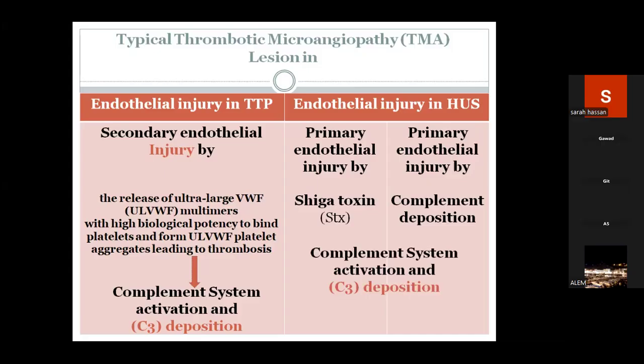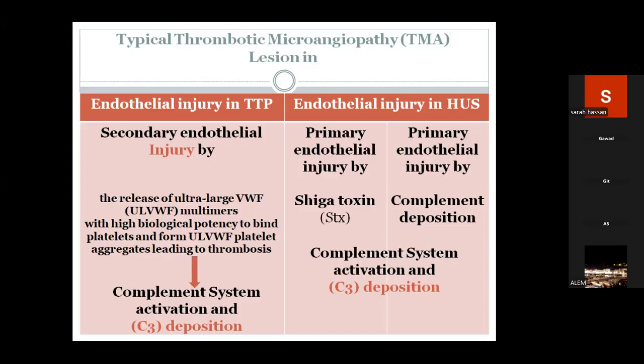Also, in Shiga toxin, which causes endothelial injury, the complement pathway will be activated as the normal process occurs. In atypical HUS, the system is always active, which is abnormal and causes C3 deposits as well. So in the three cases, C3 could be deposited, and that's an important point to highlight.